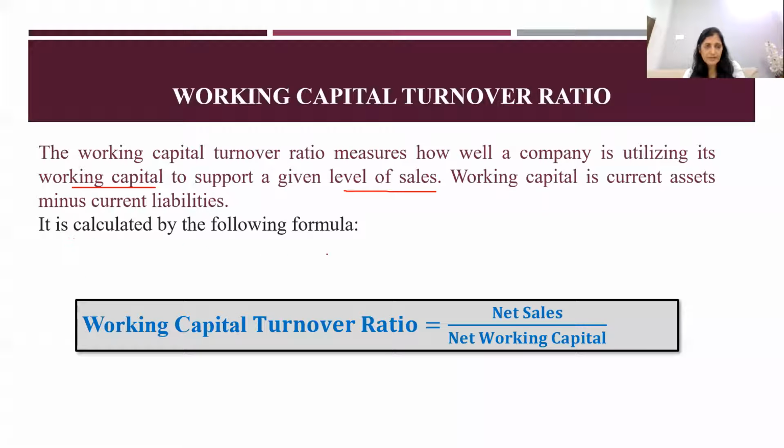It is calculated by the following formula. Working capital turnover ratio is equal to net sales divided by net working capital. Net sales, again I'll repeat here, is the total sales, credit sales plus cash sales minus sales returns. Net working capital, this also you have been studying continuously, is nothing but current assets minus current liabilities.